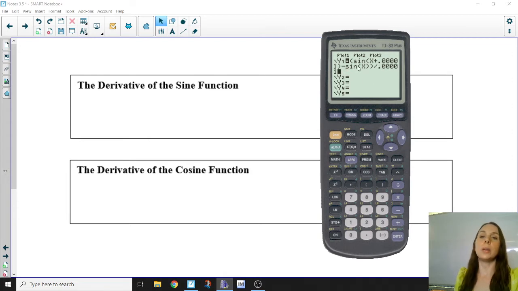What that's doing is approximating the limit as h approaches 0 of sine of x plus h minus sine of x all over h, which is the definition of derivative. So watch what happens when I graph. And by the way, I'm going to do a Zoom 7 trig viewing window.